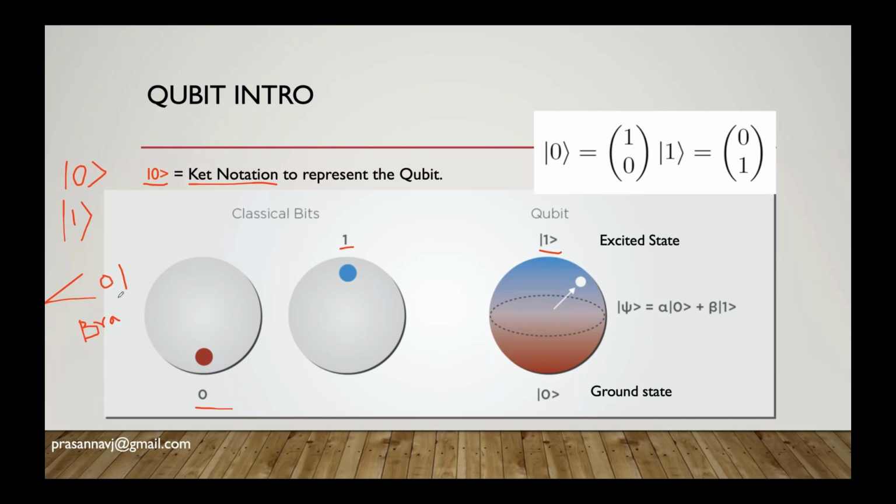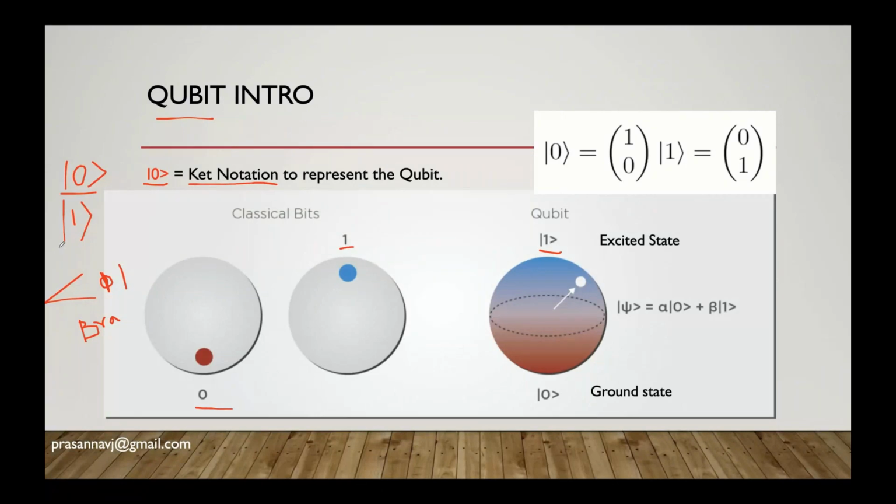For quantum computing specific activities, for mathematical representation, we will be representing them using bra and ket. We will focus on ket for now. The ket is the important representation for the qubit. So this is a 0 qubit, and this is a 1 qubit.